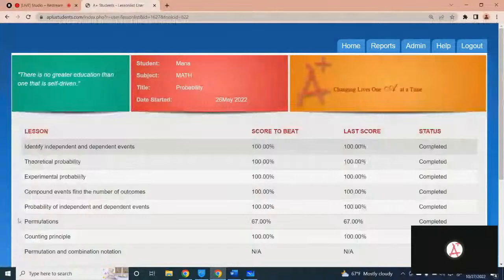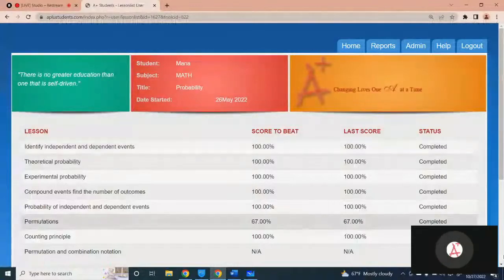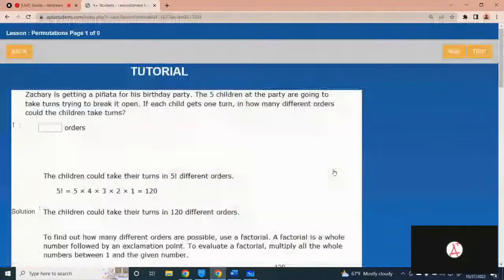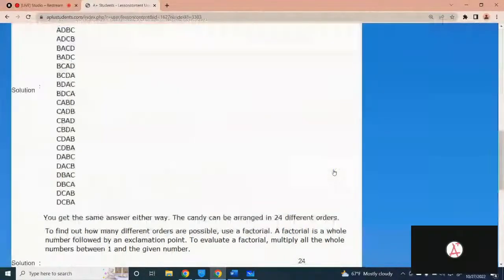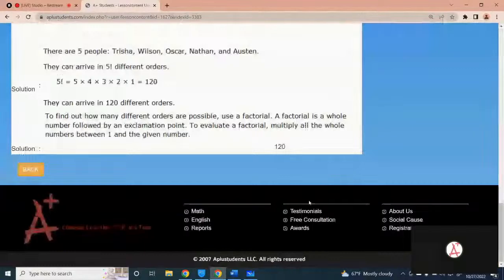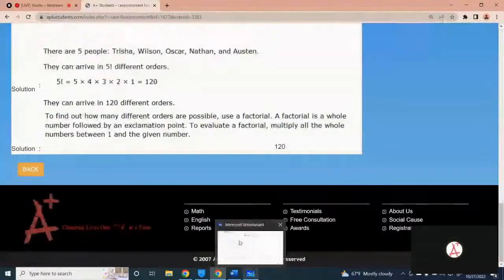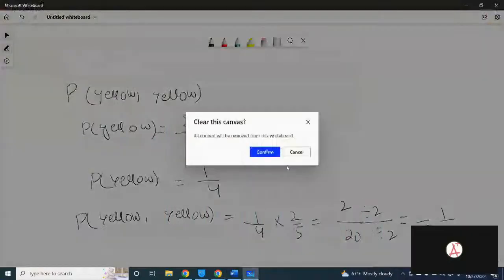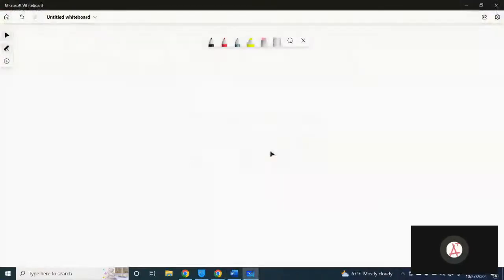Let's start with permutations. Okay, let's start with an example. The first one is, let me read the question.